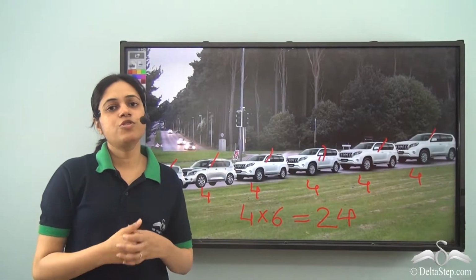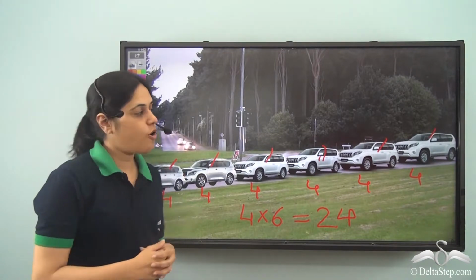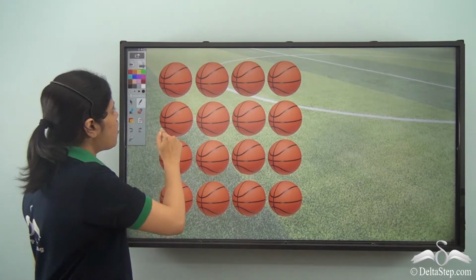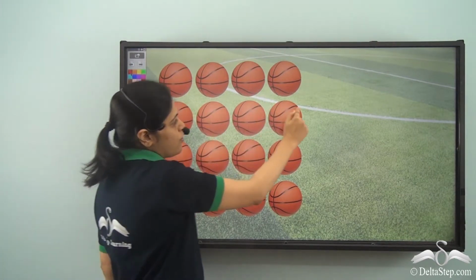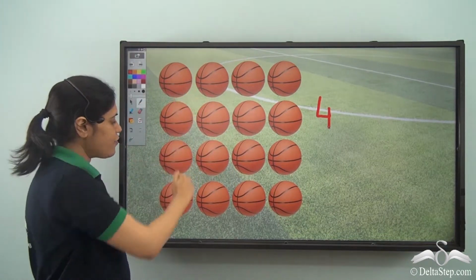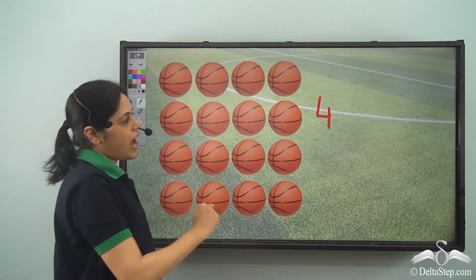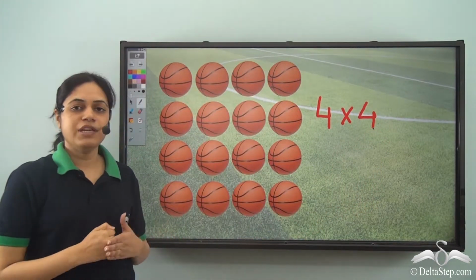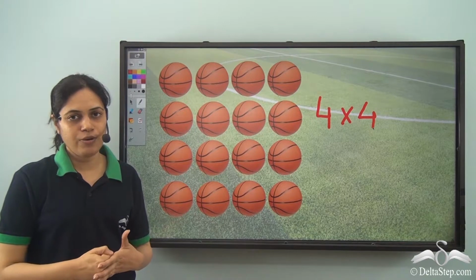Now let us come to our initial question of how many balls are here. So we saw that there are 4 balls in each row and there are 4 rows. So we need to add 4 times, or we need to find 4 into 4.